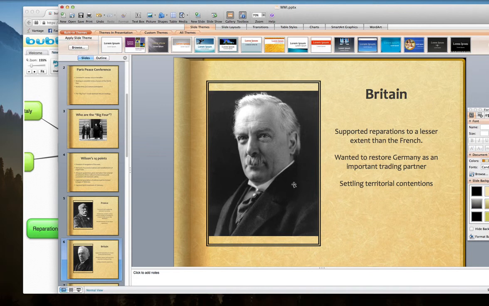They have developed a strong economy, so that they can support themselves. And plus, this would also help pay for their reparation payments. And they also wanted to settle territorial contentions, mainly their colonies that they acquired over time.